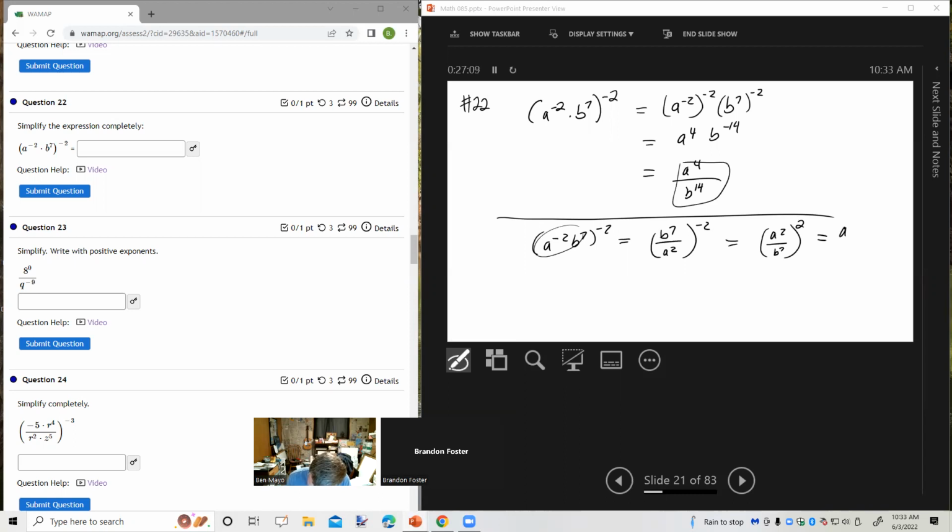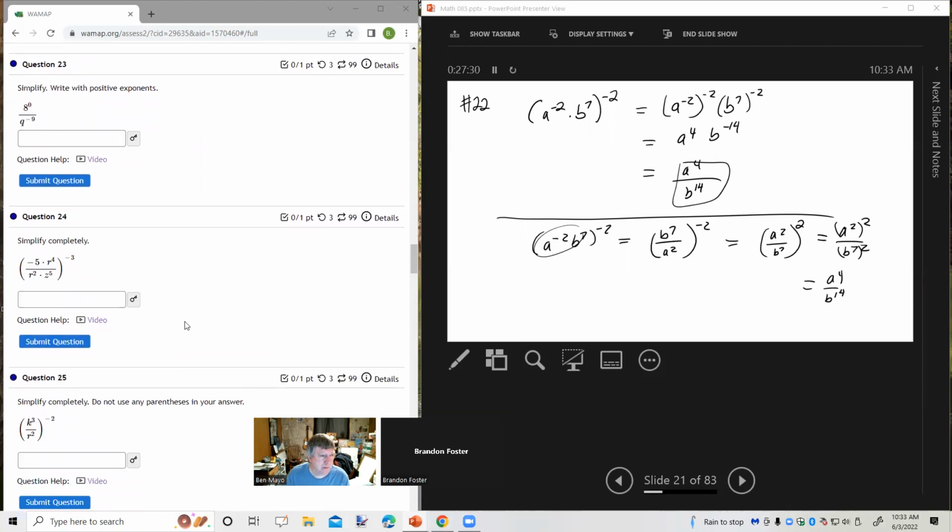And then we could apply the outside exponent to the top and to the bottom, and once again, get the same answer. So there may be more than one way to get to the correct answer, as long as all the moves you make follow the rules. Any questions there before we go on? All right, then we'll go on.